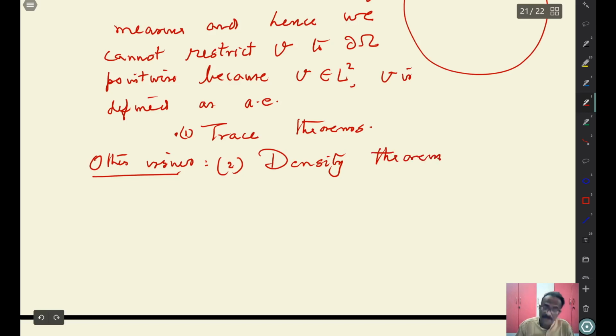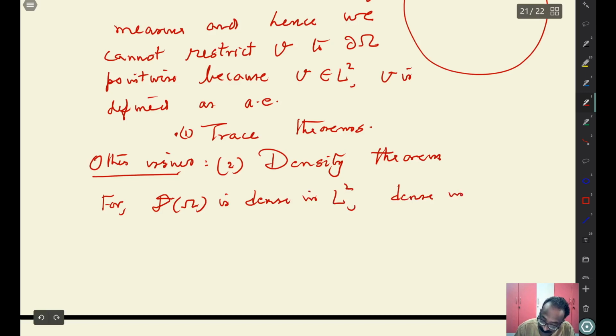Most of the time, even though we work with non-smooth spaces, you look for smooth functions as approximations. For example, D(Ω) is dense in L2. It's also dense in H1 naught with the corresponding norms.